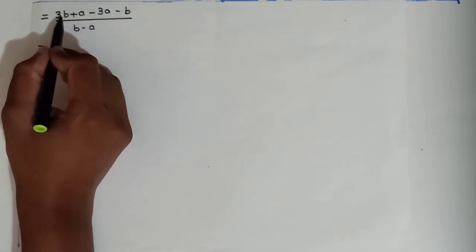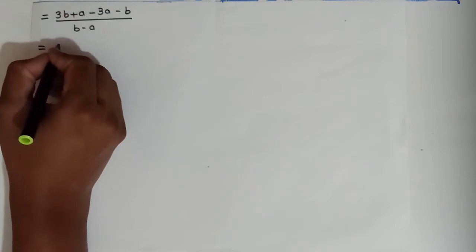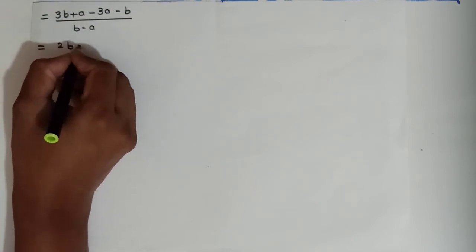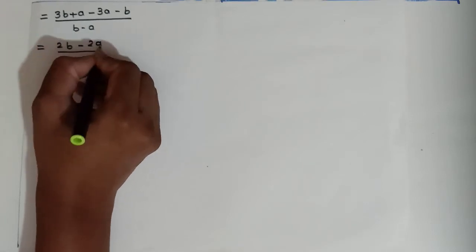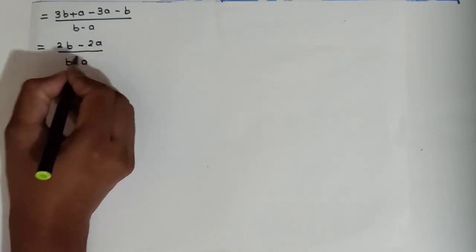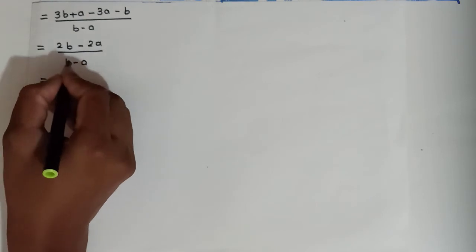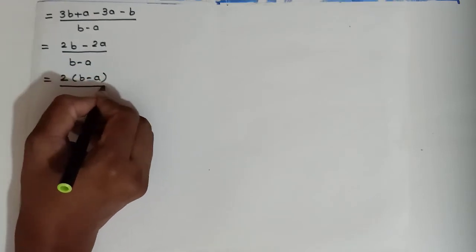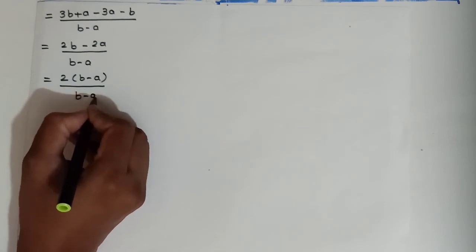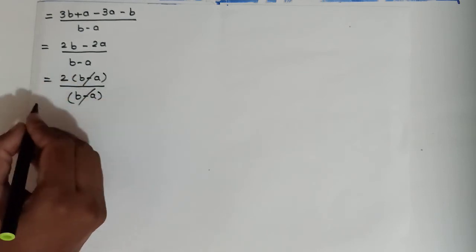Now 3b minus b means 2b, minus 2a, divided by b minus a. Now you take 2 common from the numerator, what is left will be b minus a. So b minus a divided by b minus a, this and this will get cancelled.